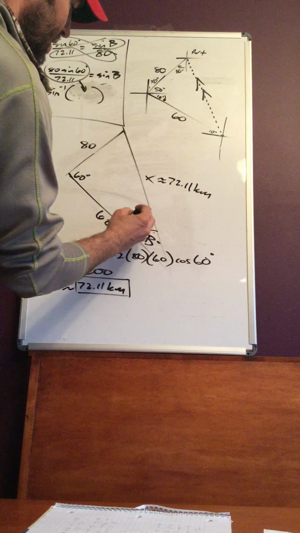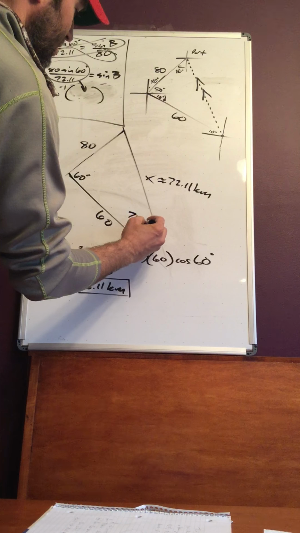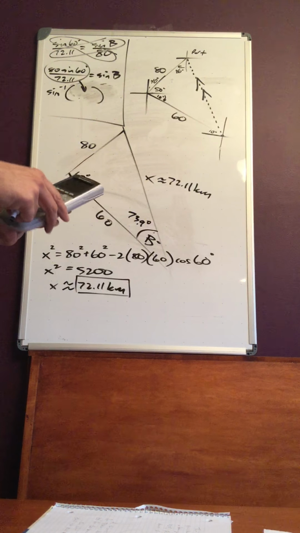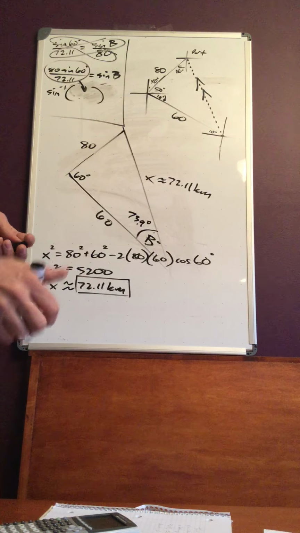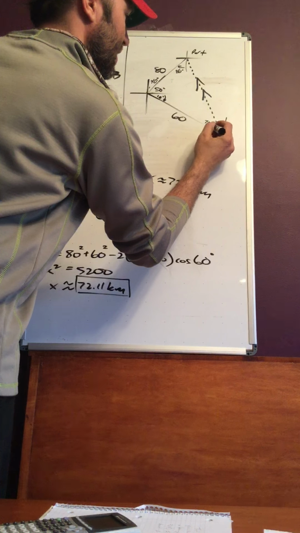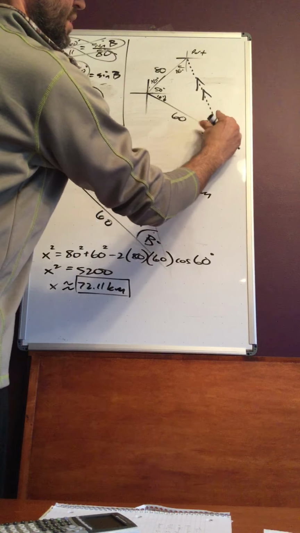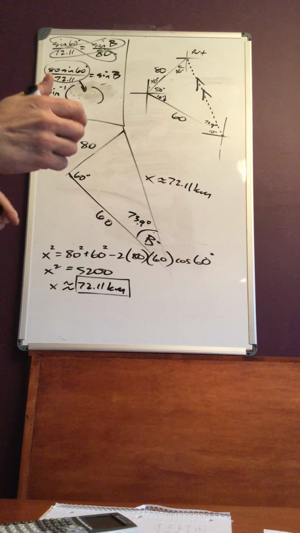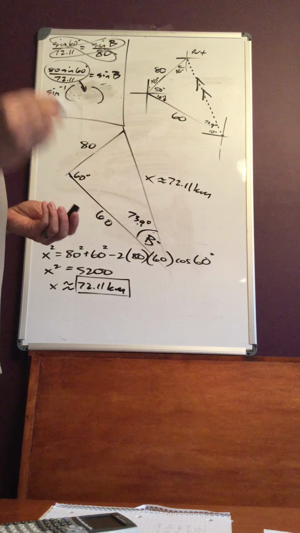So B is equal to 73.9 degrees. Now, is that my answer? Is that my bearing? The answer is no, it is not. I'm going to fill it in right here. My drawing is not phenomenal because that angle looks much smaller than 73.9, but either which way, they need to know what the bearing is.